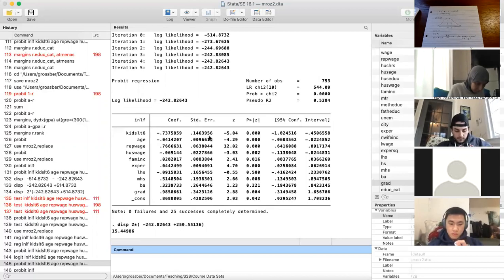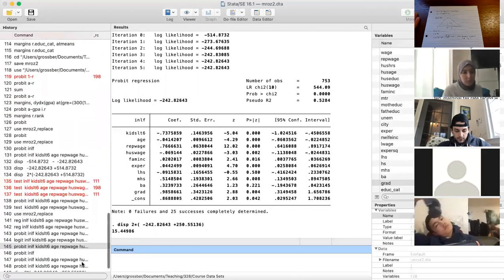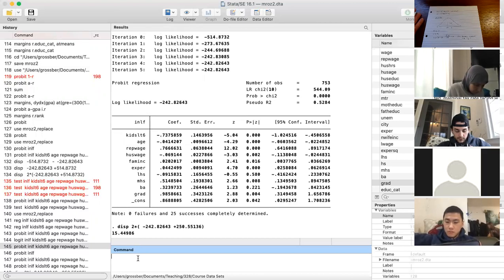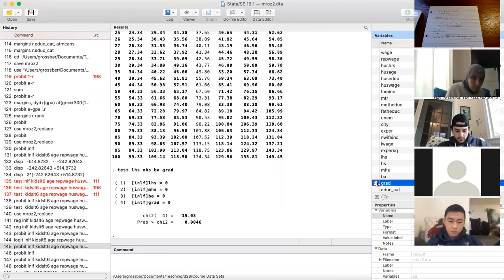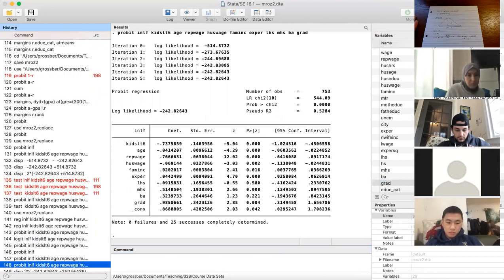We can also do a Wald test on multiple coefficients, and Stata makes it easy to do that. If I want to test whether these education variables are collectively equal to 0, I can say test, and I just name the variables. Sorry, let me rerun that probit regression so we can get those closer together.